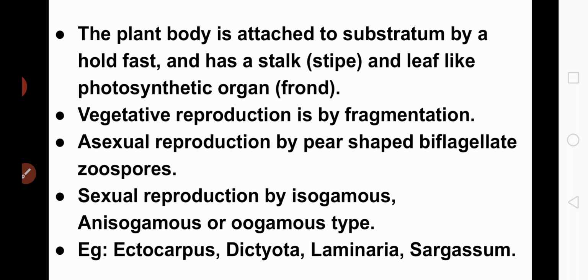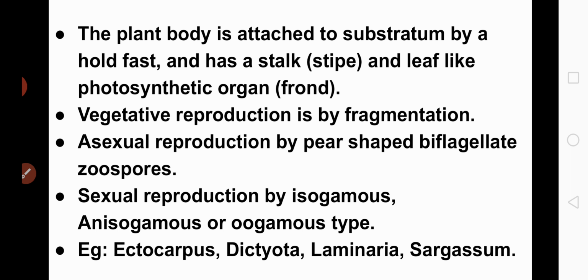They are mainly found in marine habitats. They contain pigments like chlorophyll A, chlorophyll C, carotenoids and xanthophyll, and depending upon the amount of pigment they vary in color. The food is stored in the form of laminarin or mannitol and they possess a root-like structure holdfast, a stem-like structure stipe and a leaf-like structure called frond.